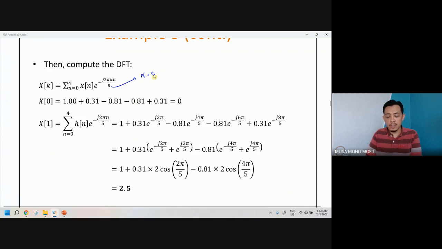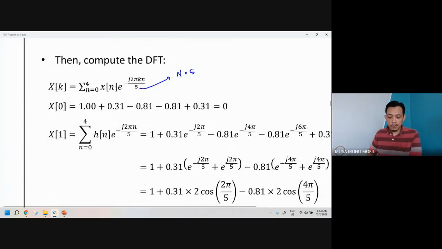So you can choose 1000, 2000, 10,000, 100, 10, 20, no problem, as long as it is higher than or equals to 5. Okay, so now let's plug in the value.